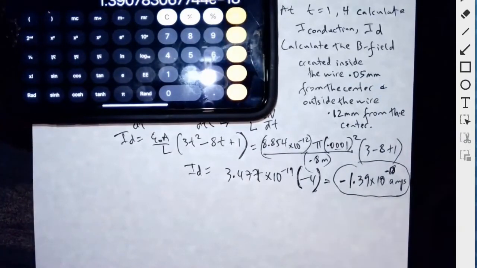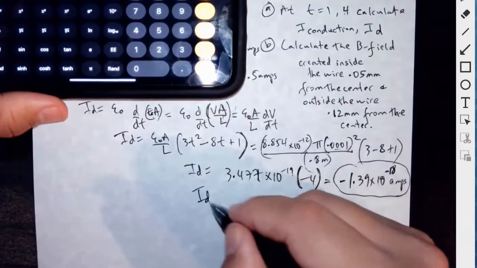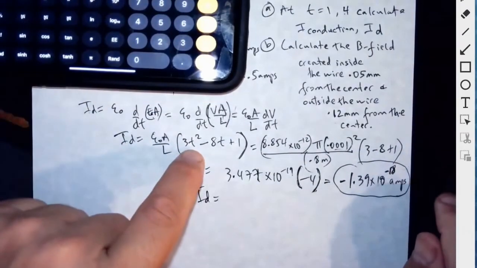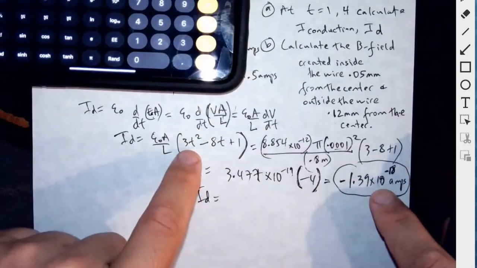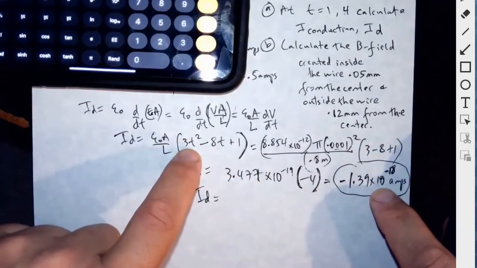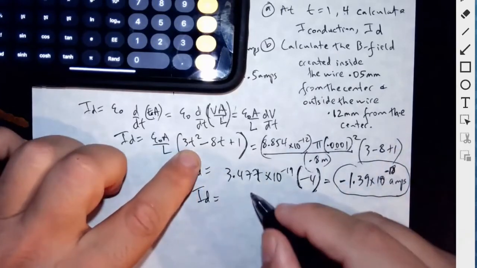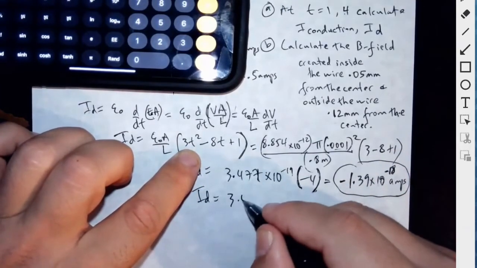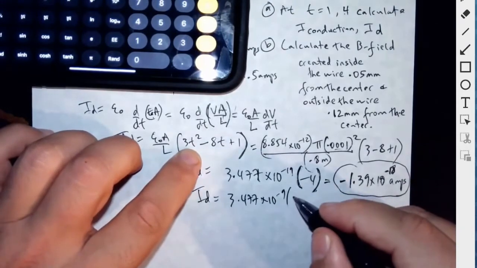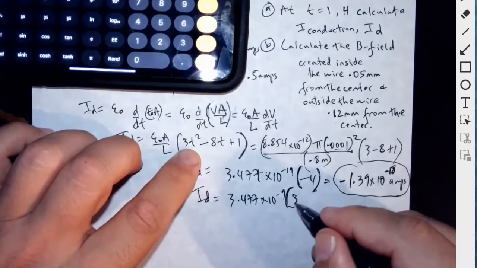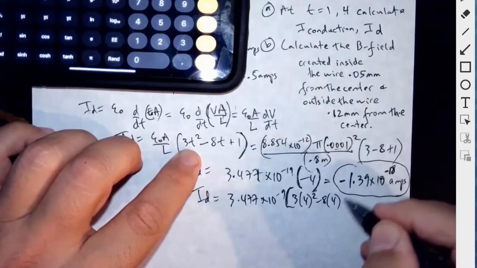Okay, so now for 4 seconds, we would just put 4 here, and it might actually change the sign of the current. We'll still have this thing, 3.477 times 10 to the minus 19. Then 3 times 4 squared minus 8 times 4 plus 1.